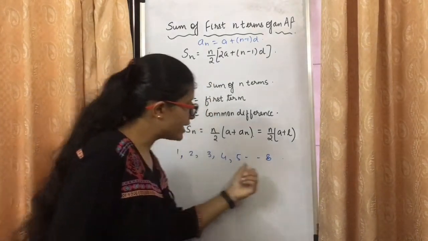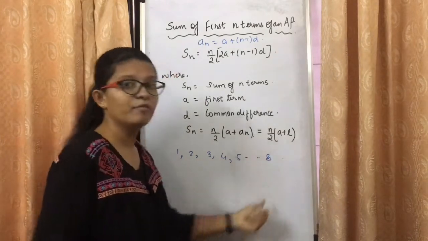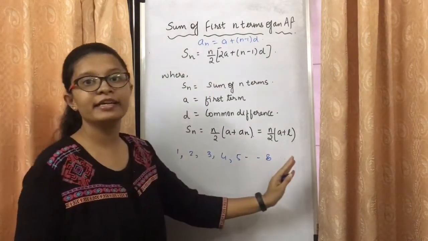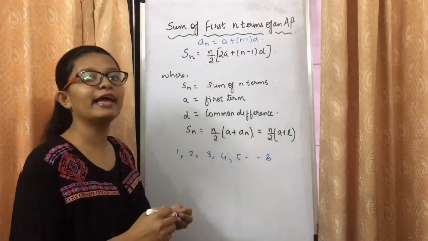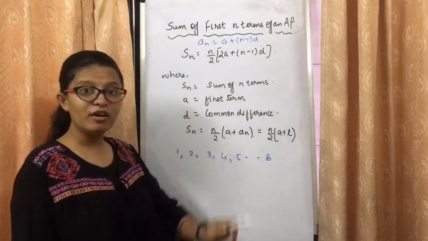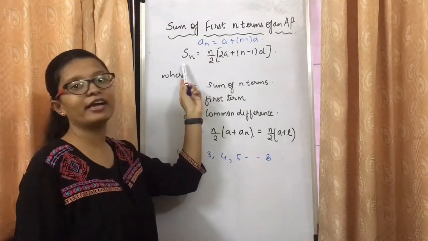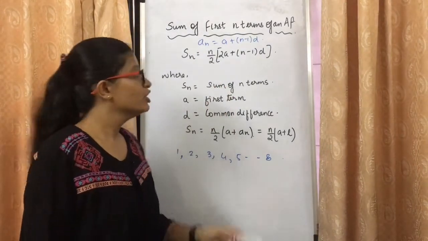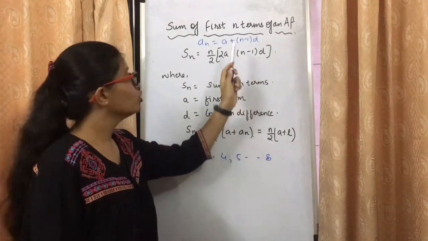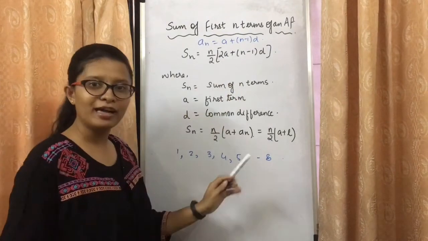Now what I want is the sum till the 8th term, which will be provided by this formula. So that is the sum of first n terms of an AP. You can even find the sum till the nth term. Just as we were finding the nth term, here we will find the sum of the nth term. So the formula is n upon 2 (2a plus (n minus 1) into d). So remember these two formulas and the chapter is complete.